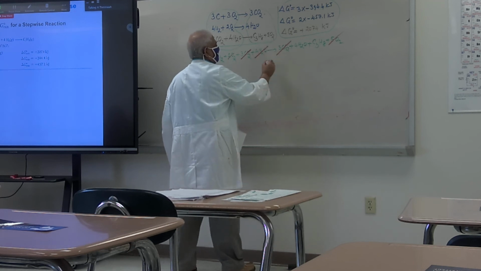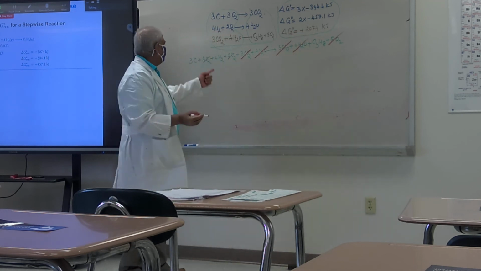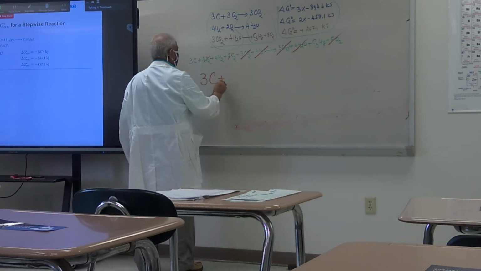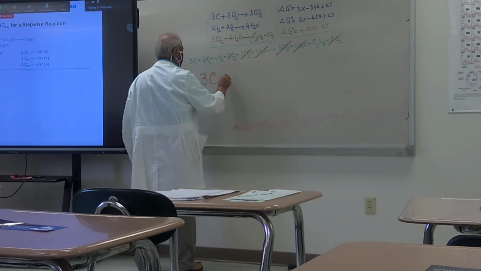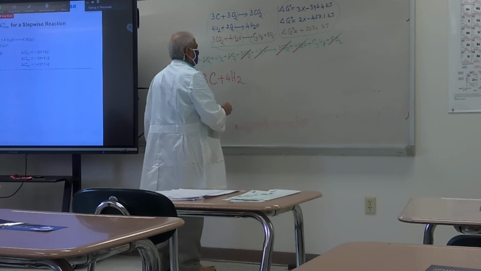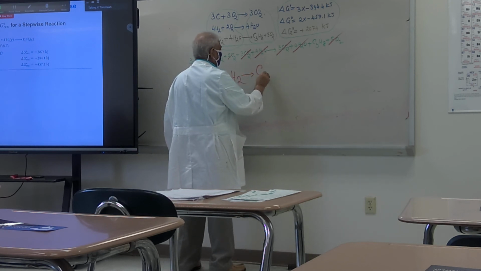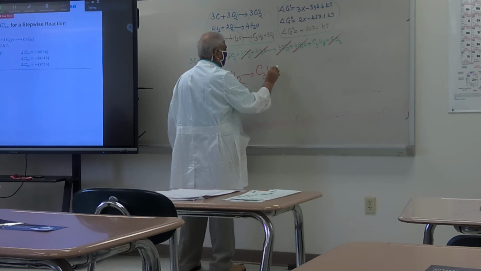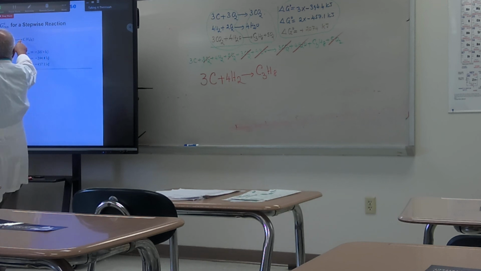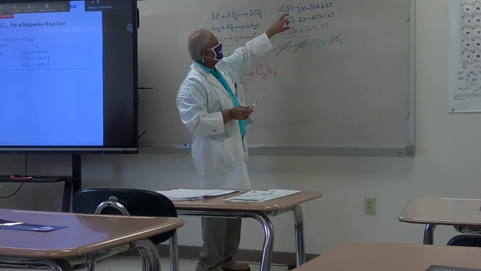Then 4H2O on the left side, 4H2O on the right side. So you will be left with what? 3C plus 4H2, which gives C3H8. Is this the same thing? Yeah. Right? Okay, now, did you simplify this?